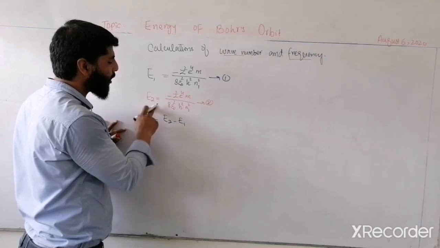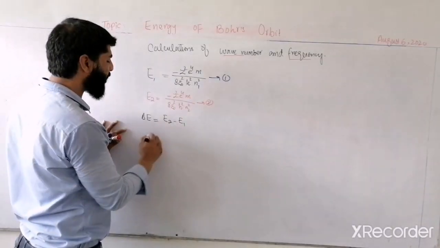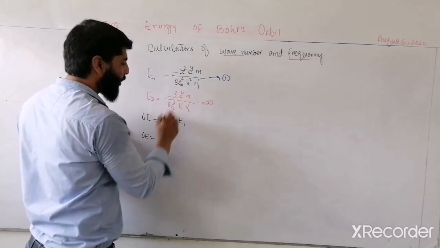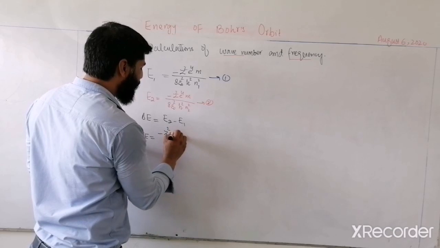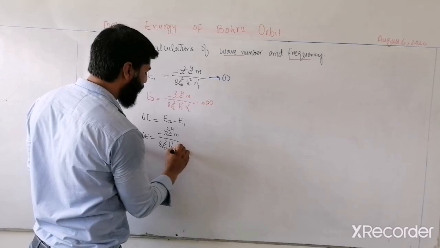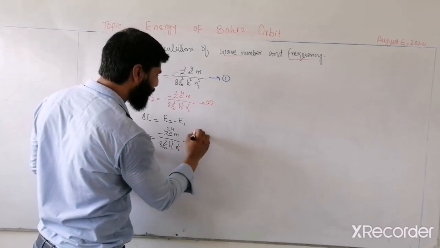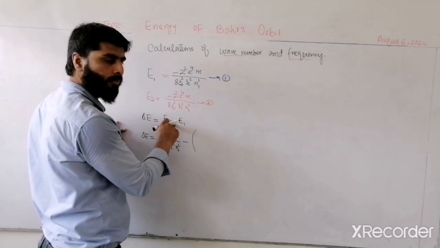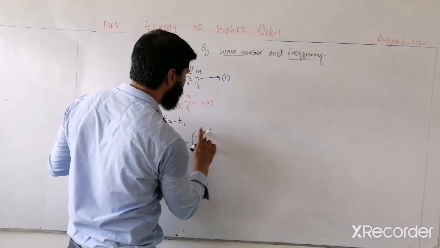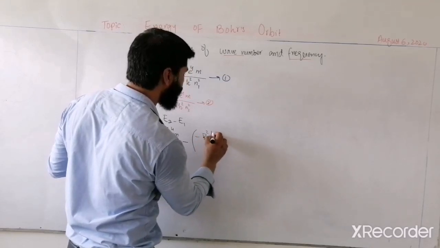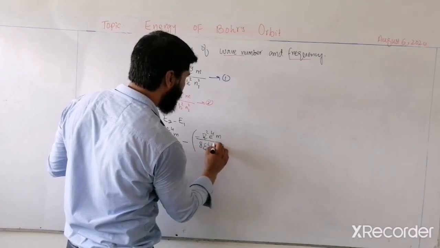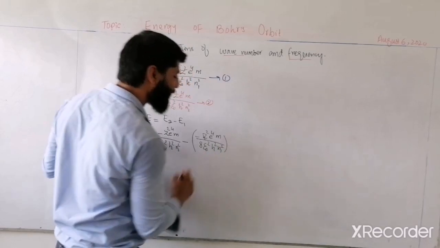By putting the values of E2 and E1 from equations 2 and 1 respectively in this equation, we will get delta E is equal to minus Z square e4 m divided by 8 epsilon naught square h square n 2 square minus, into minus of E1. What is E1? Minus Z square e4 m divided by 8 epsilon naught square h square n 1 square.